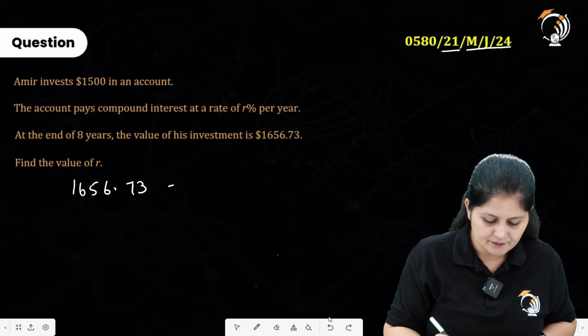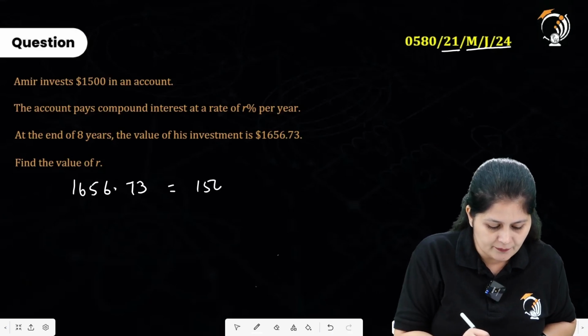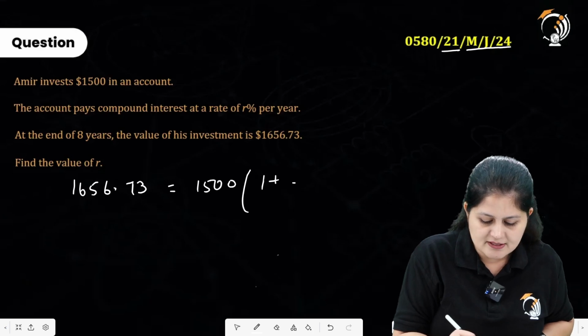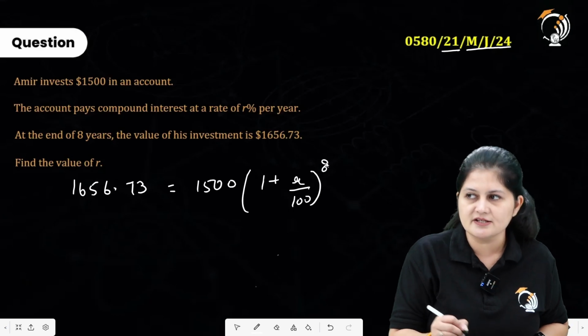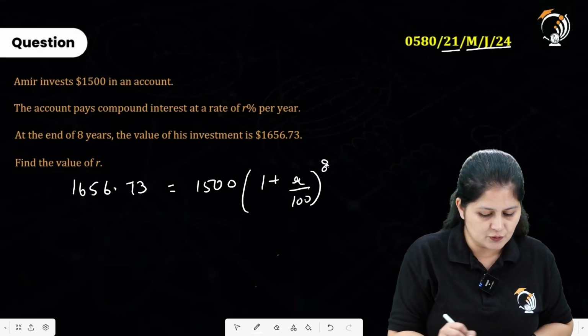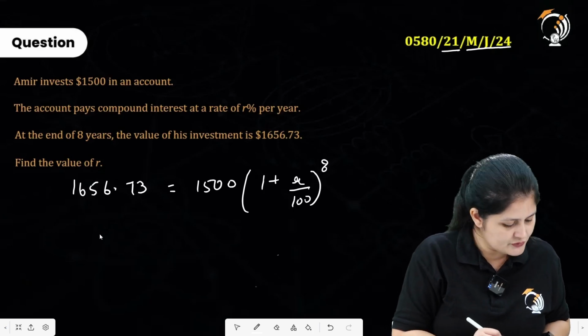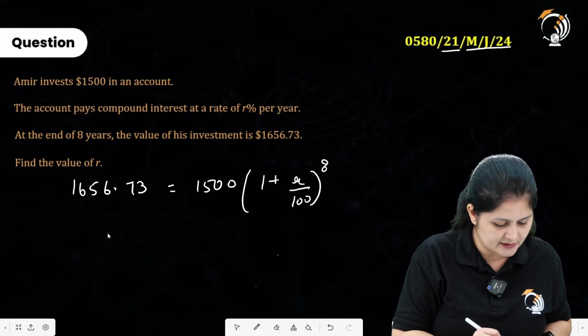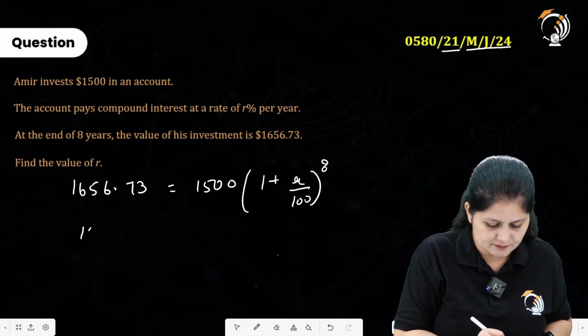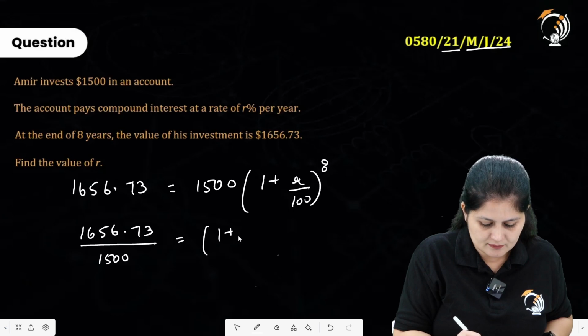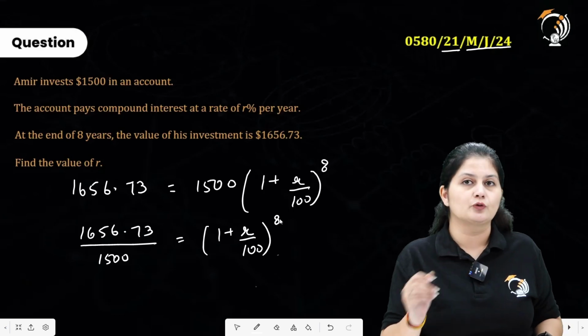Okay. So that is equal to the principal times 1 plus R over 100 raised to the power n, which is 8 years here. Correct. So let's do the calculation. What are we going to get here? So after dividing this, we are getting this as... so now we need to take the 8th root of it.